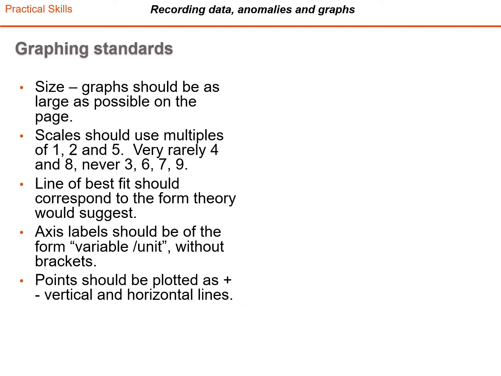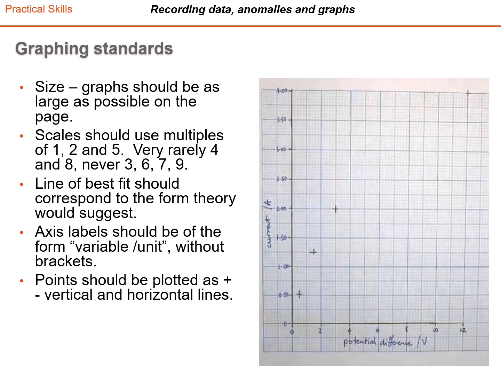And the last thing to say is that points should be plotted as a plus, vertical and horizontal lines, rather than what most students typically do, which is draw a cross, like a multiplication. So let me show you the advantage of plotting a point using a plus and not an X. So many students, when plotting graphs, really don't like that, and apart from determining what the most appropriate scale is, they also find plotting points to be quite difficult.